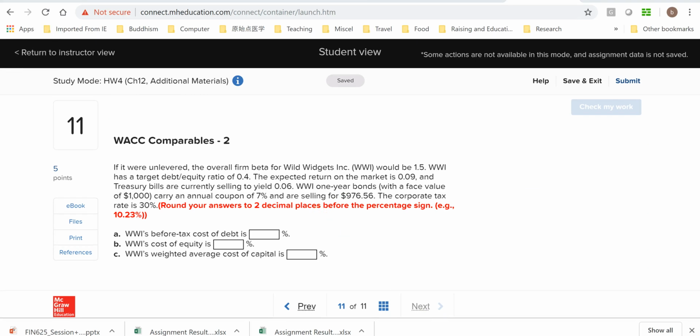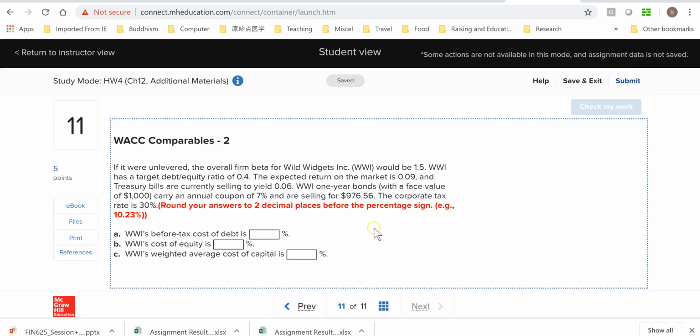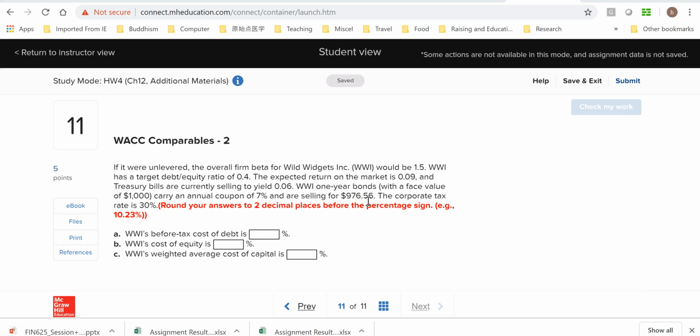Because what happens is this bond only has 1 year. So this is the current time point, and this is 1 year later. So this is a 1-year bond.